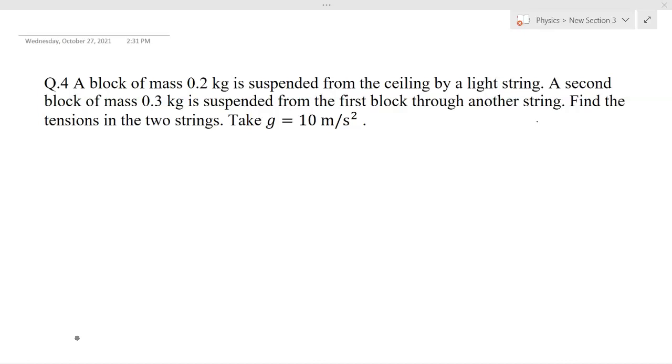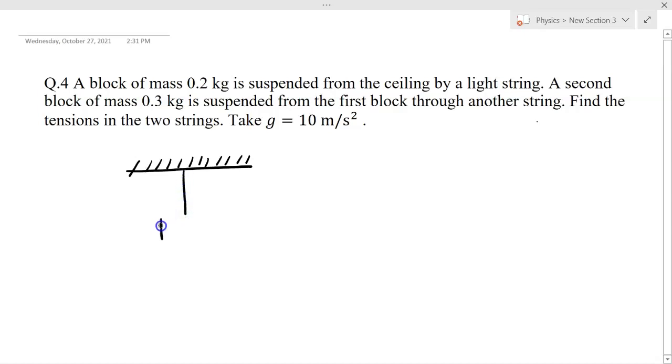Okay, so before we solve this problem, we will draw a picture. Before you solve any physics problem, you have to draw a picture so that you will understand what is going on. So here I am suspending a block from this first string.